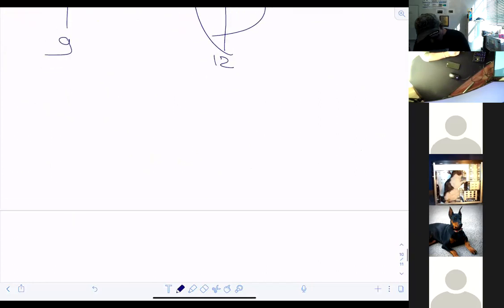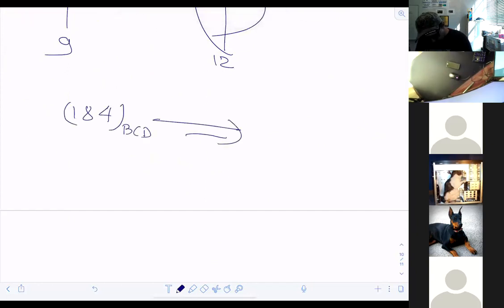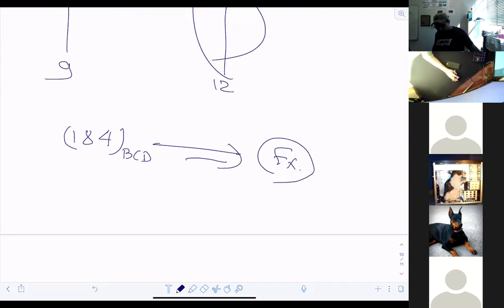So if somebody, for instance, told you that I have 184 in a BCD and asked you to give me my Excess-3, what are you going to do? You're going to just add 3 to each, right? That's it.